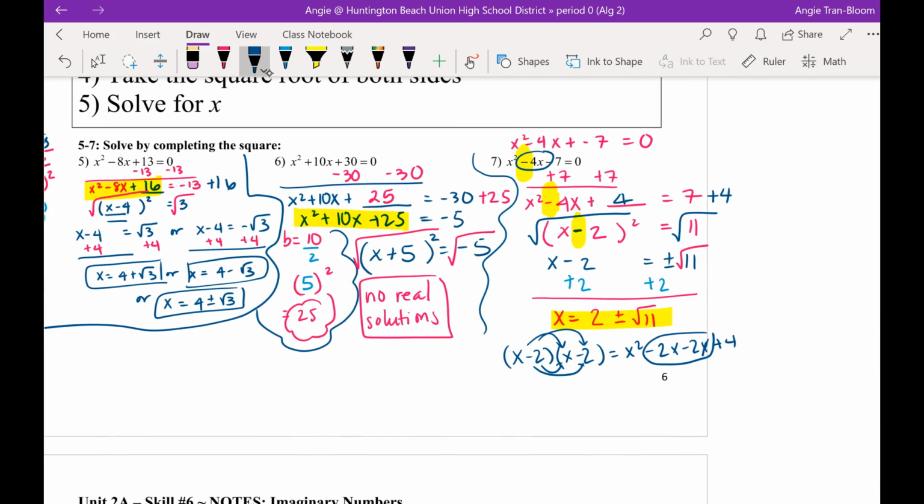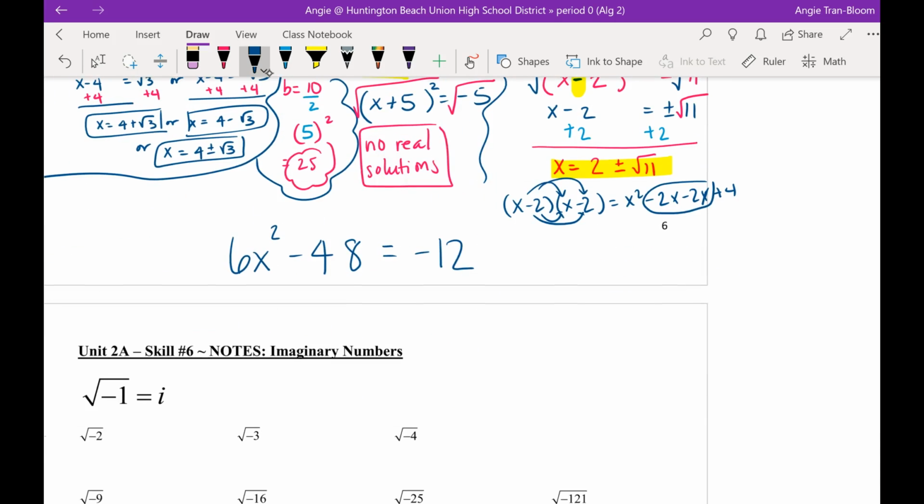Now, Joe asked me a really good question earlier. Is it always an x squared in the front? The answer is no. If I give you this, and this is one of your homework questions, can you see the x squared isn't just a 1?